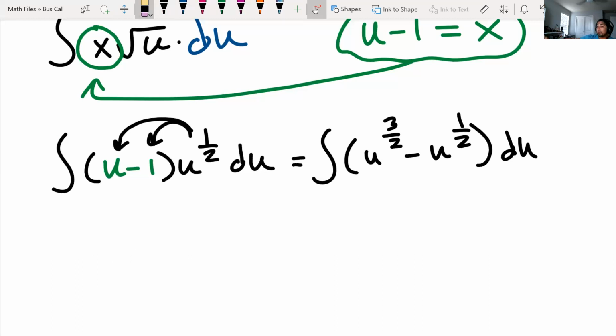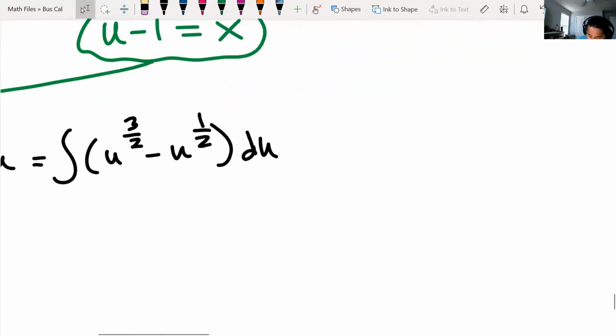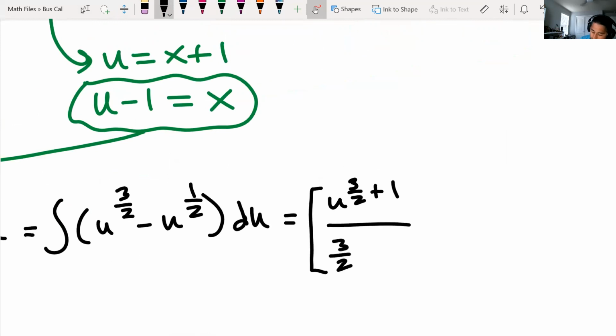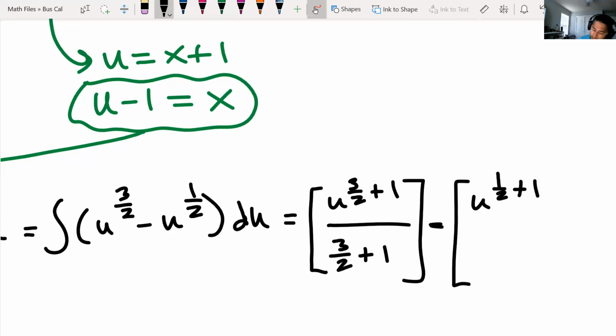Okay, this is all set. We are ready for power rule on both of these lovely fractions. So we'll start with the first one. You get u to the 3/2 plus 1 over 3/2 plus 1. Minus, we'll go to the second one, u to the 1/2 plus 1 over 1/2 plus 1.